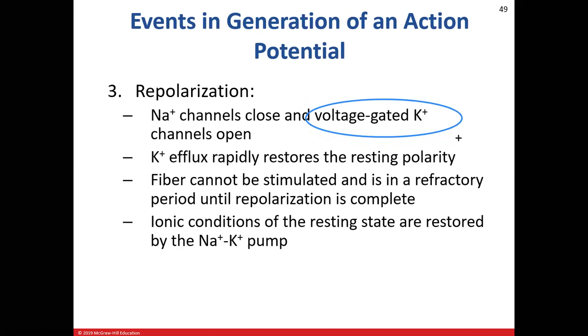And so as voltage-gated potassium channels open, we have this massive efflux of potassium. And as we release these positively charged potassium ions, we have positive charges leaving the muscle cell. This is actually going to make the cell more negative. And so this rapidly restores the resting polarity, getting it back to its resting membrane potential of minus 70.